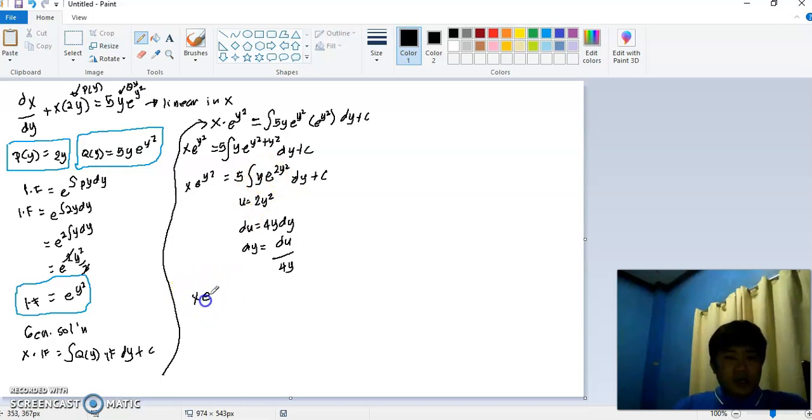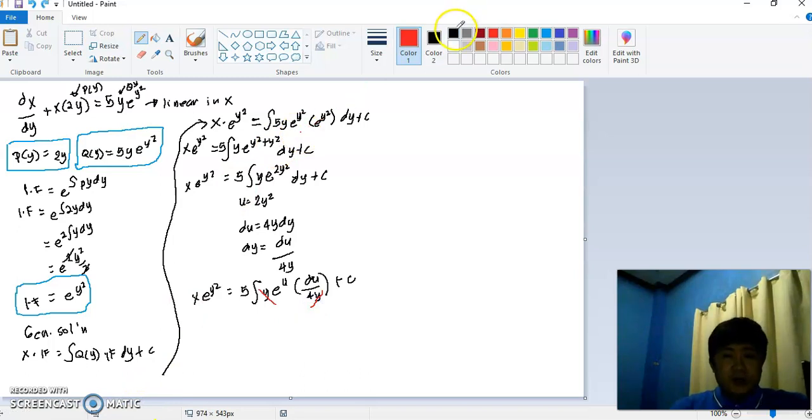So x e raised to the power of y squared equals 5y e to the u, then our dy is equivalent to du over 4y, plus c. From here, we could cancel our y here and this y.